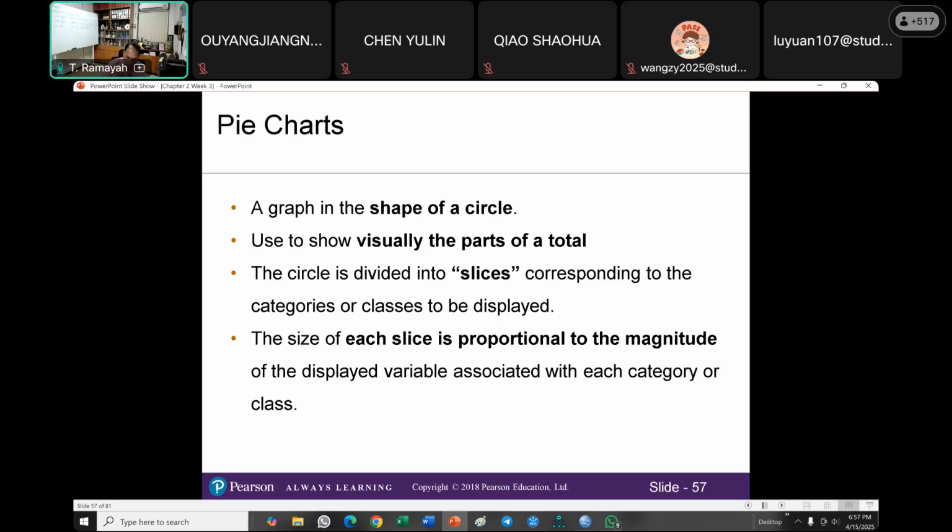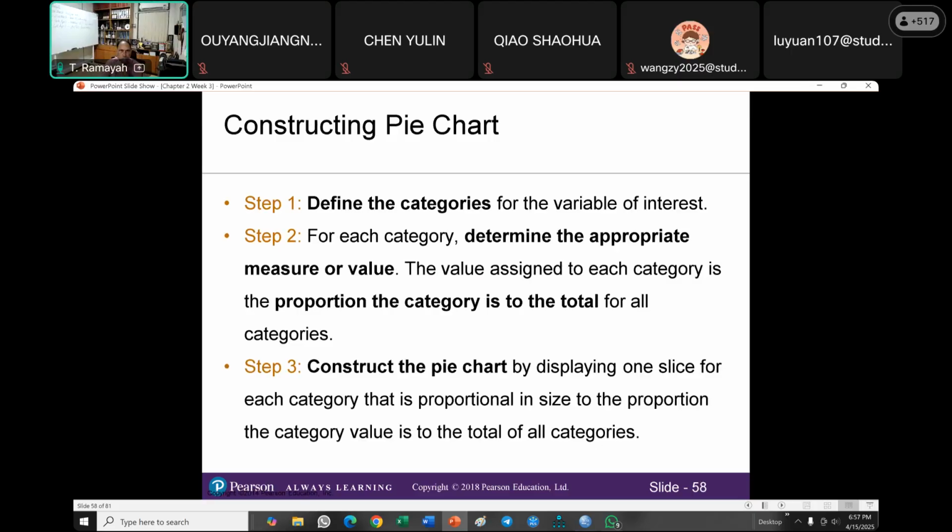First we start by defining the categories, like what we already did. Then for each category, we calculate the number, and only then can we construct the pie chart. For each class, the number is divided by the total number. That will be the pie chart.